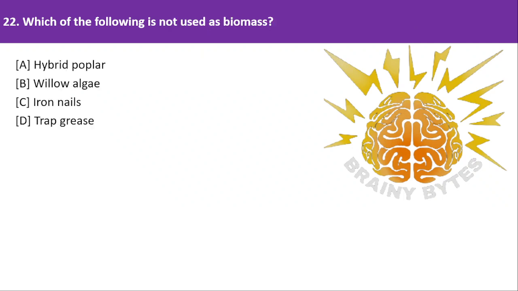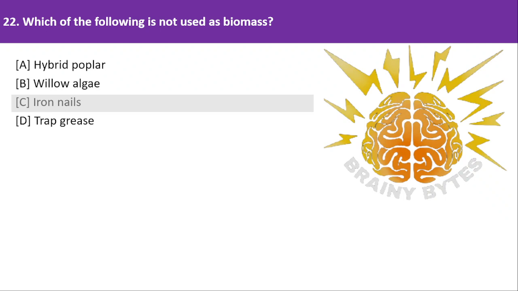Question number 22. Which of the following is not used as biomass? Options are these: A. Hybrid poplar, B. Willow algae, C. Iron nails, D. Trap grease.